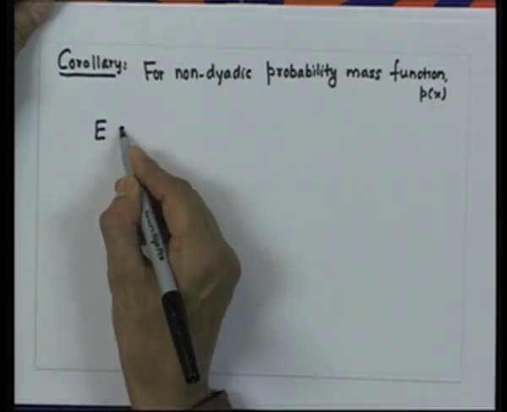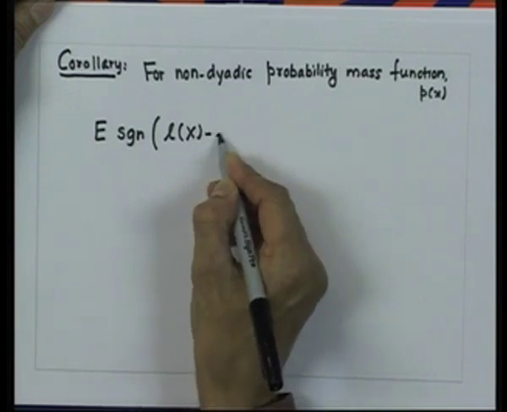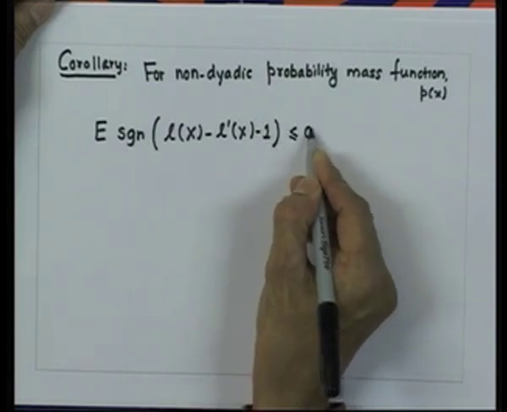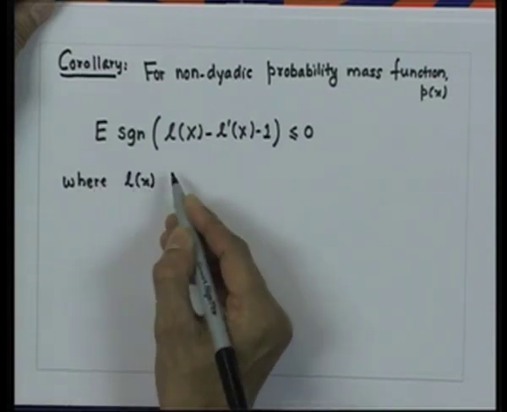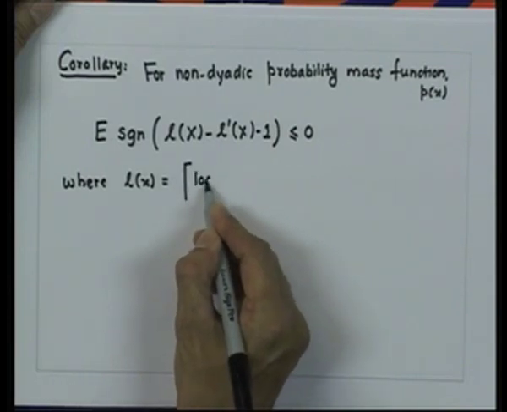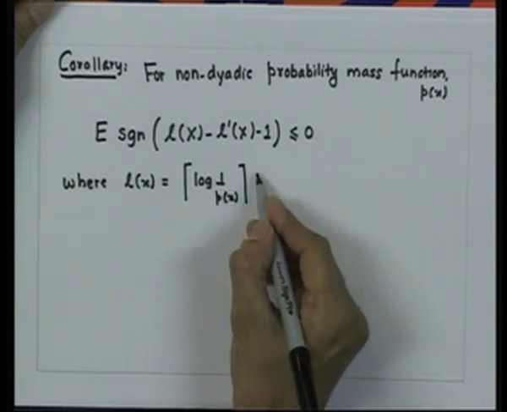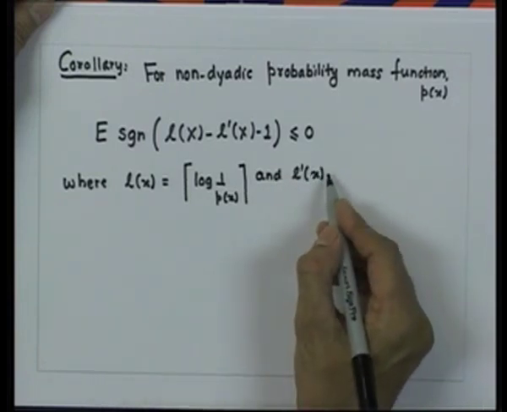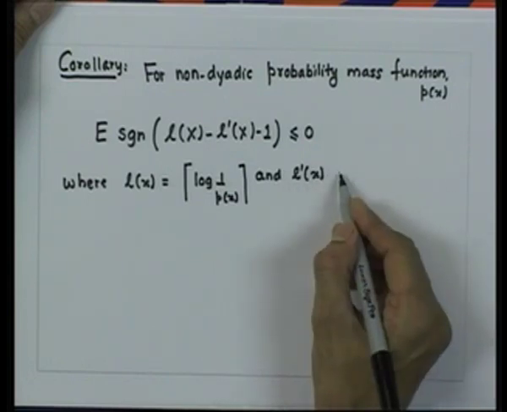expectation of signum of Lx minus L dash x minus 1 is less than or equal to 0, where Lx is the upper floor of log of 1 by Px, and L dash x corresponds to the code word length for the source, but this is another uniquely decodable code.